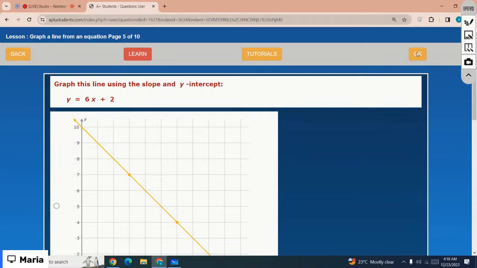Okay, the next one is graph the line using the slope and y-intercept. Y equals 6x plus 2.